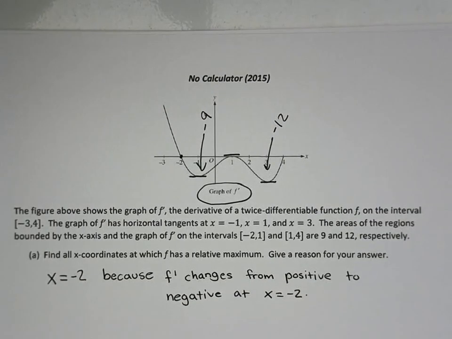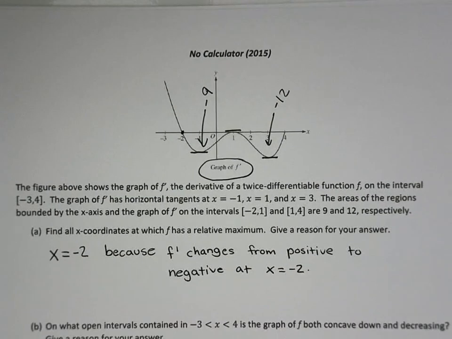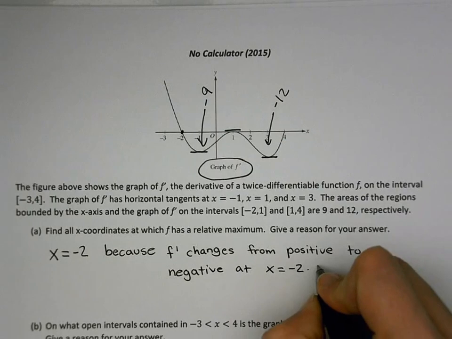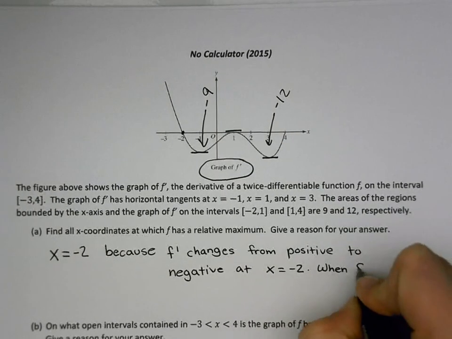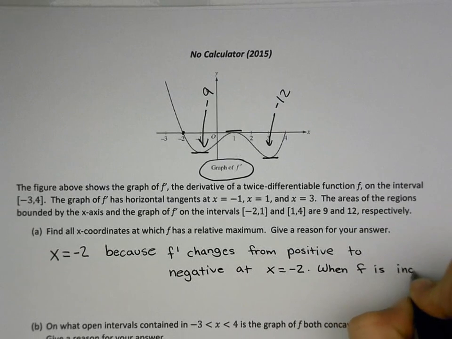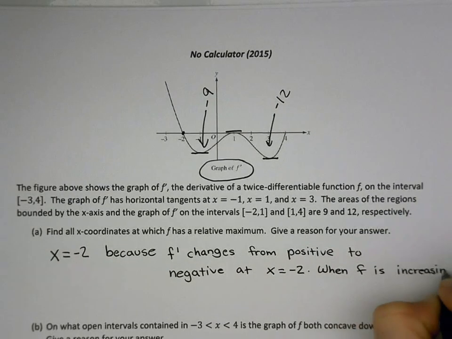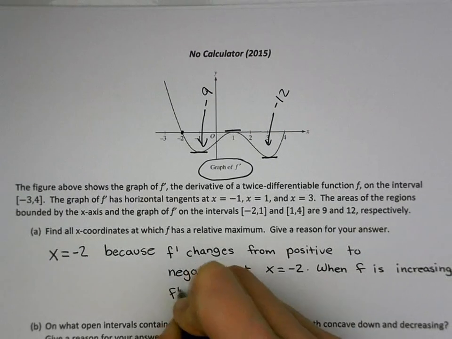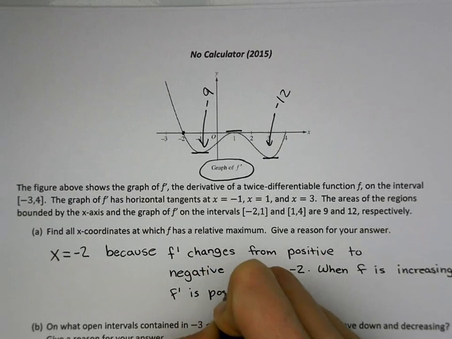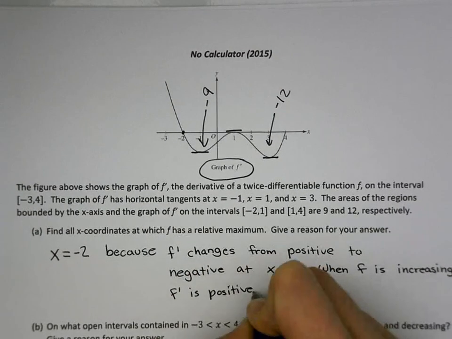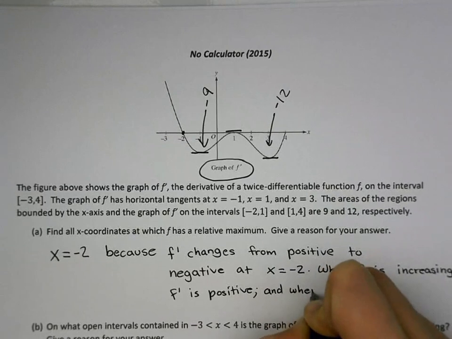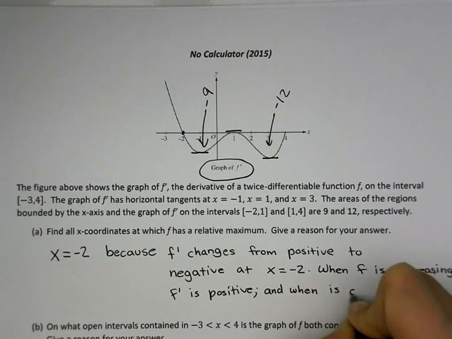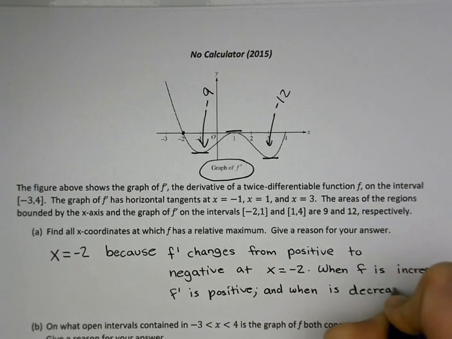Okay? And if you wanted to, you could even explain further, like when f is increasing, f prime is positive. And when f is decreasing, f prime is negative, if you wanted to.